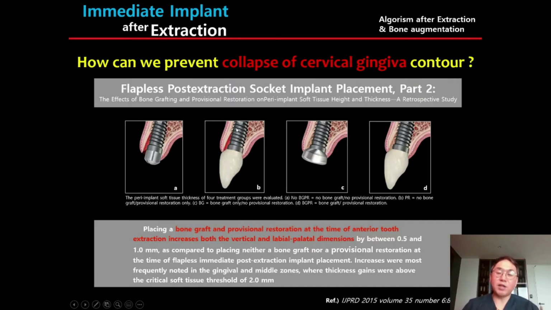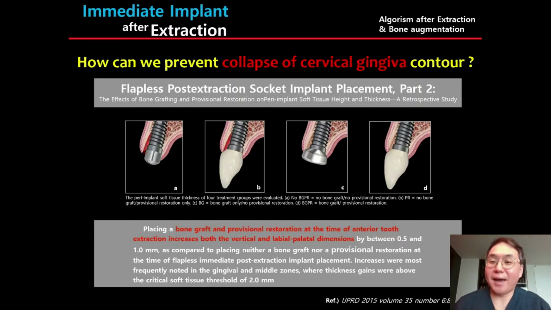Group B, immediate implant placement and provisional restoration to seal this extraction socket and at the same time to support cervical gingiva. Group C, dual zone bone grafting, and then wide diameter healing abutment connection. And group D, dual zone graft, and then to support cervical gingiva, this provisional restoration with ideal cervical gingiva contour.